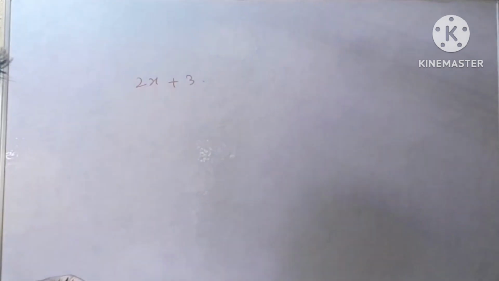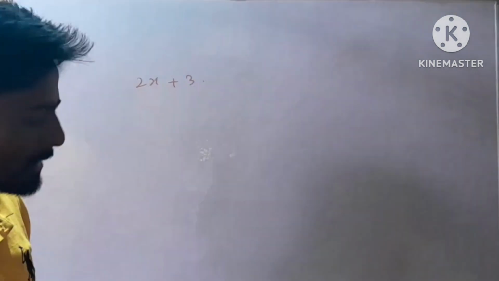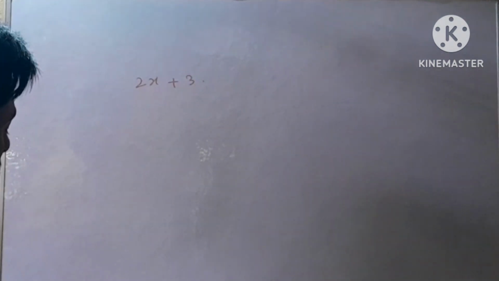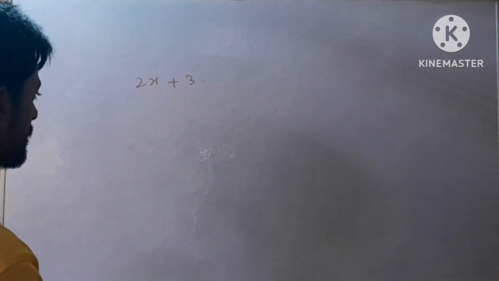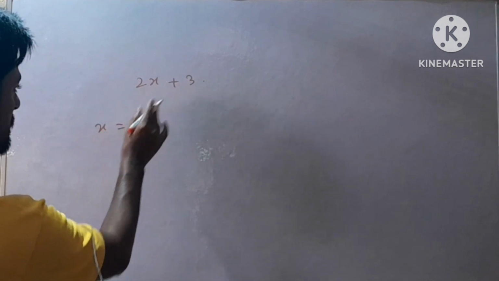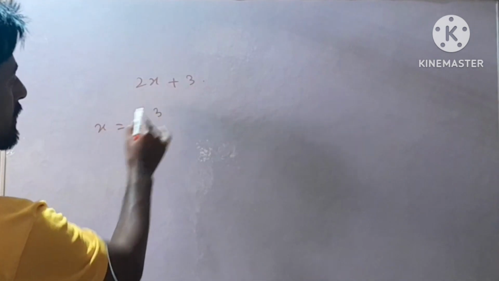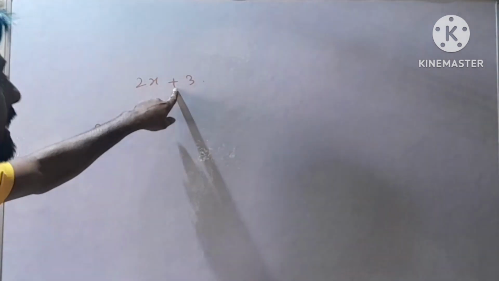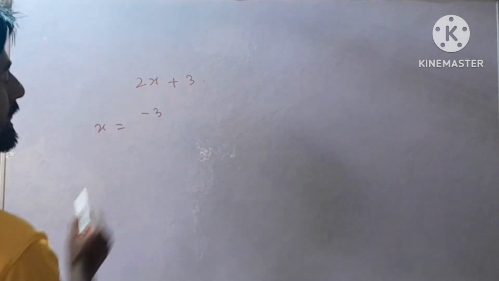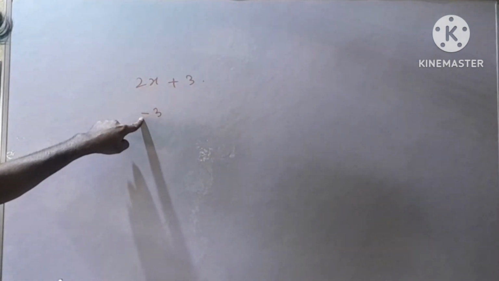Next, suppose we take another example, say 2x plus 3. What will be the 0 of this polynomial? For such polynomials, we use a technique to find the 0. The value of the variable will be equal to the constant term written in the numerator, and if it has a positive sign, then you give it a negative sign, and if it has a negative sign, then you give it a positive sign.